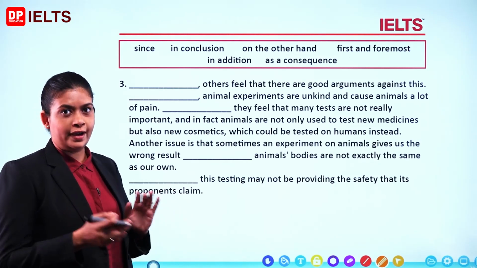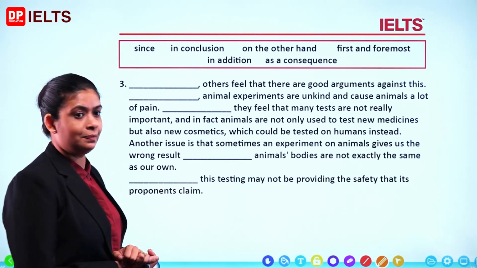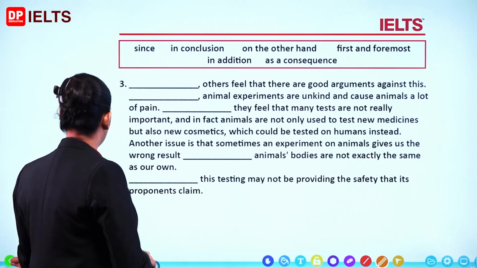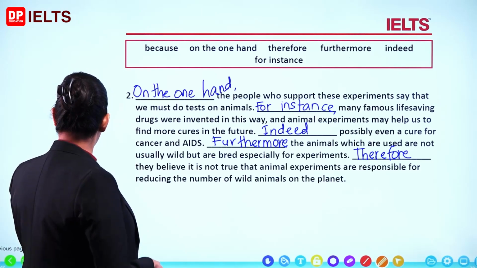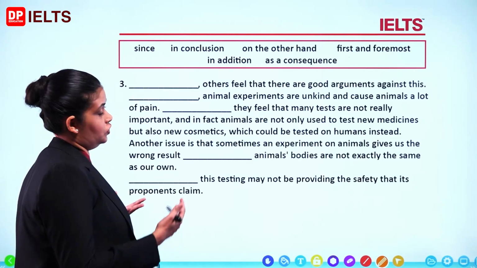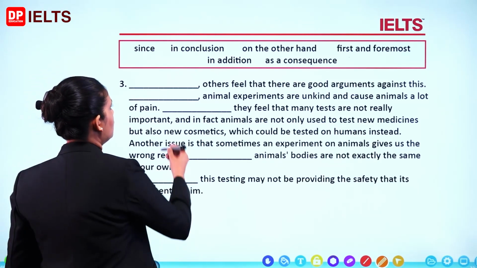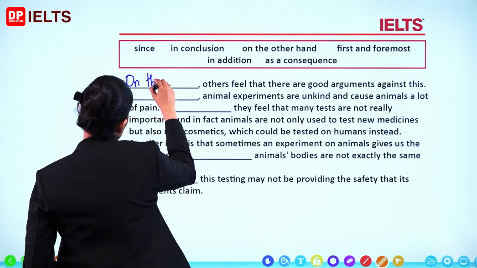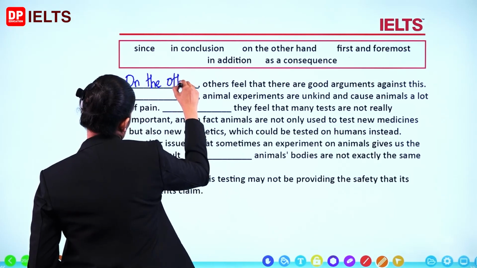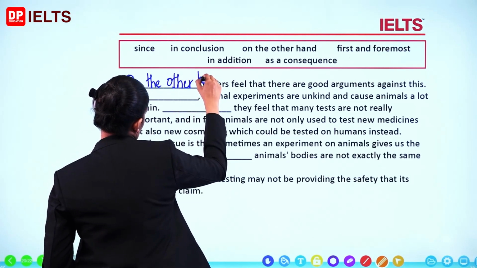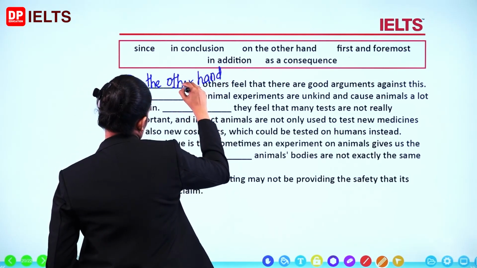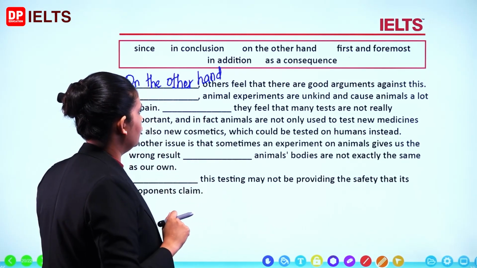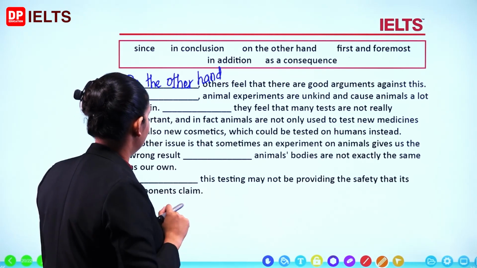Off you go. All right, so I hope you would have completed it by now. Let's have a look at the answers. So the first one was on the one hand, then this body para, the next one should be the opposite view, right? So on the other hand, others feel that there are good arguments against this.